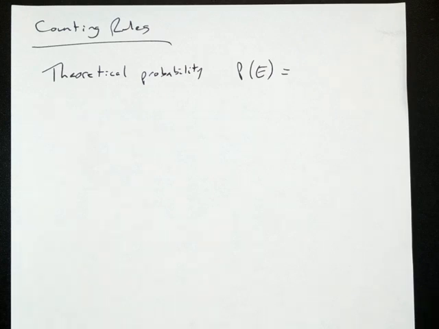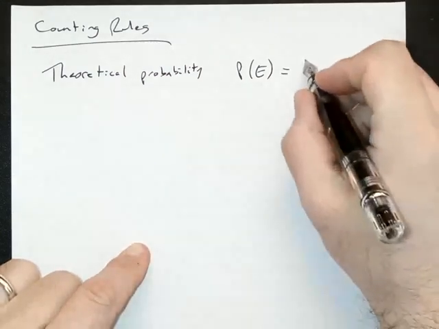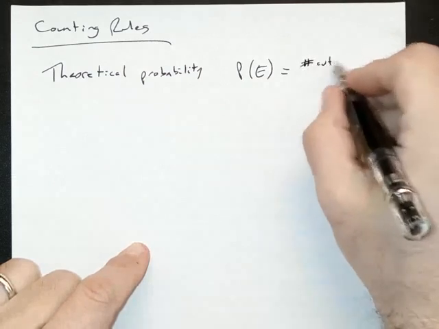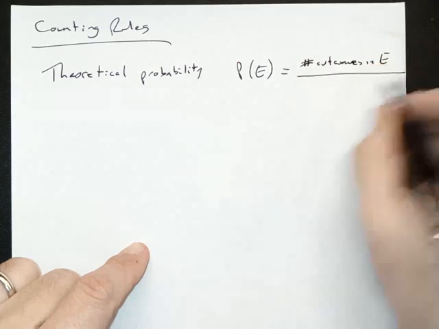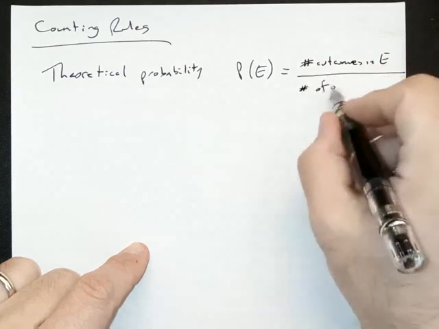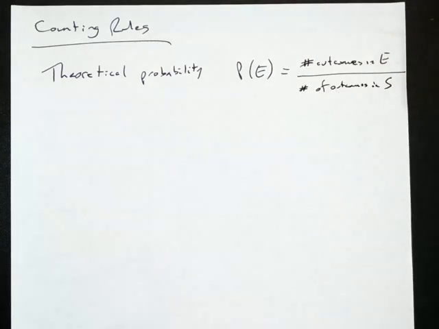The number of favorable outcomes divided by the number of possible outcomes. So, the number of outcomes in my event divided by the number of outcomes in the whole sample space.